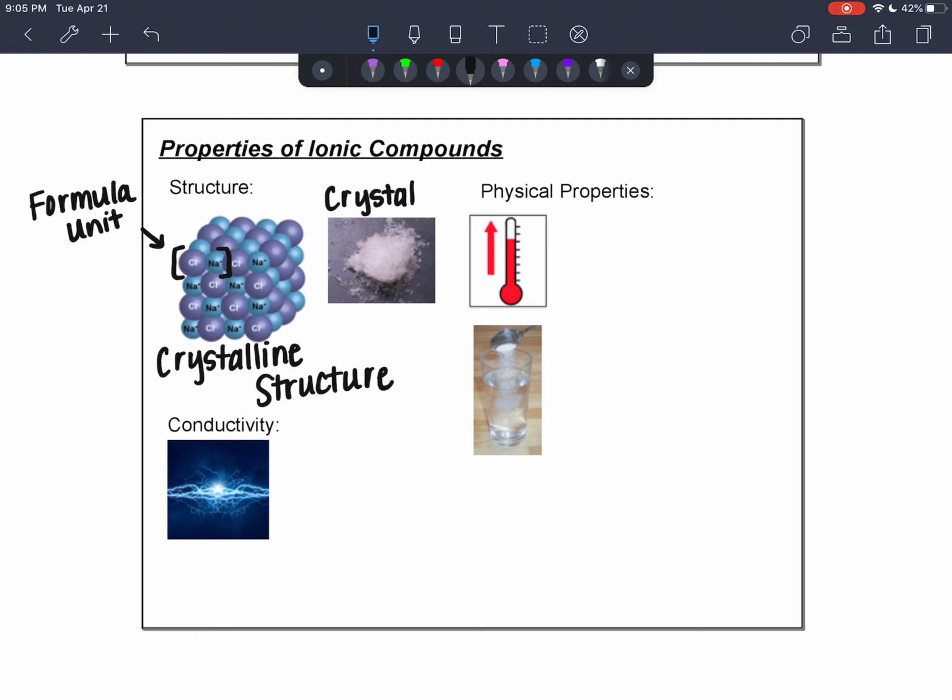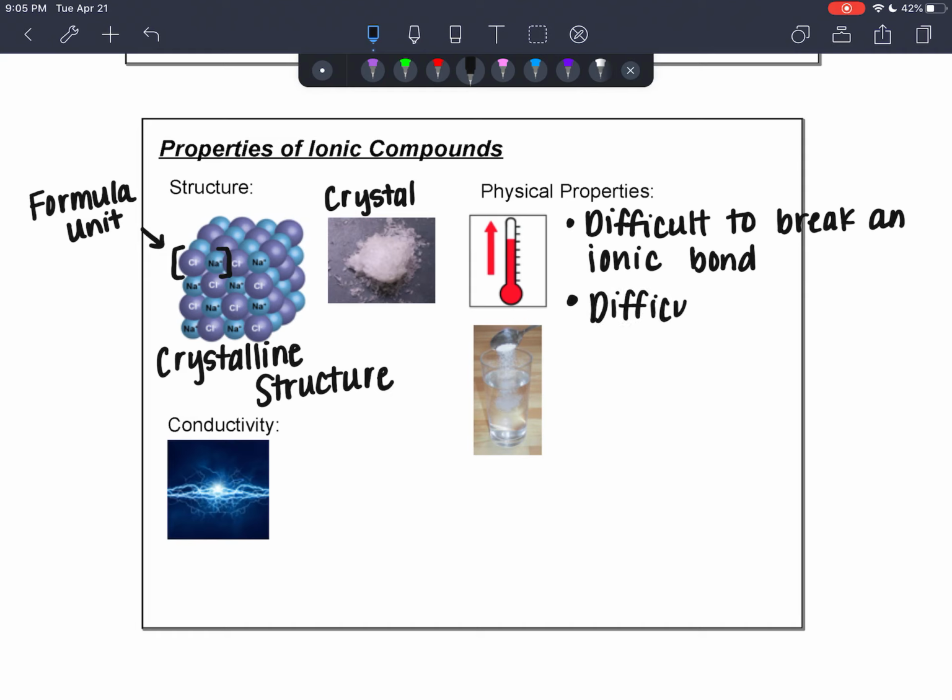Now, for physical properties, ionic compounds are very difficult to break. It's difficult to break an ionic bond, which means that it's difficult to spread ions out. So if it's difficult to spread ions out, that means it's difficult to melt them and it's difficult to boil them, because melting and boiling requires spreading out the ions.